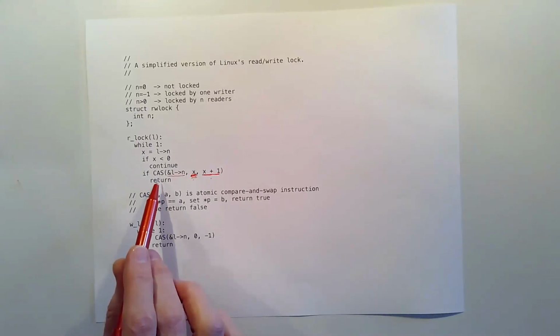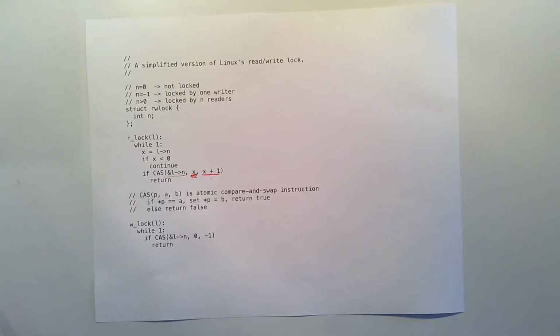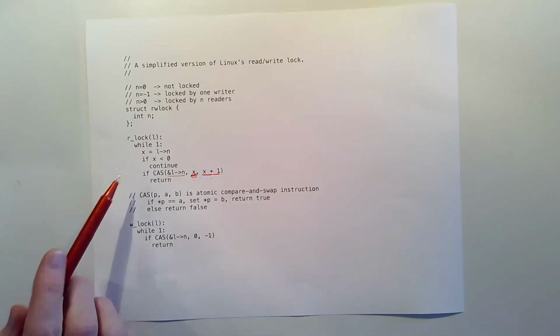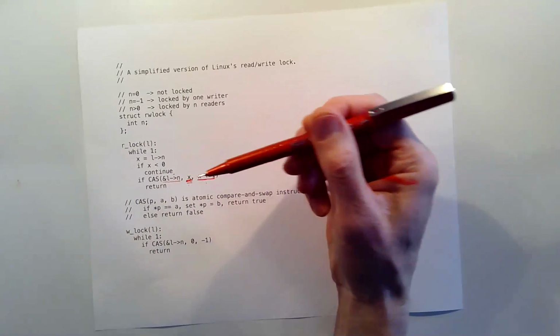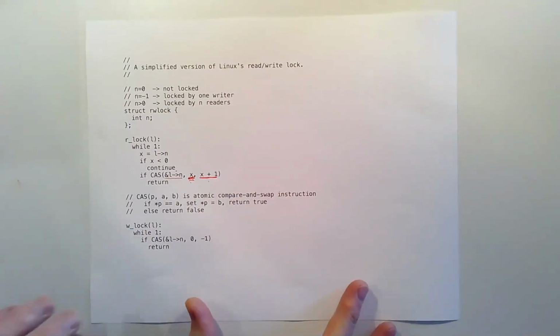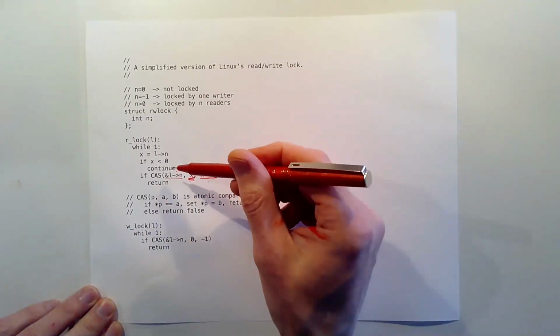Okay, because what happens if a writer locks the lock between when x is being computed and, say, right here, between the if and x somehow?